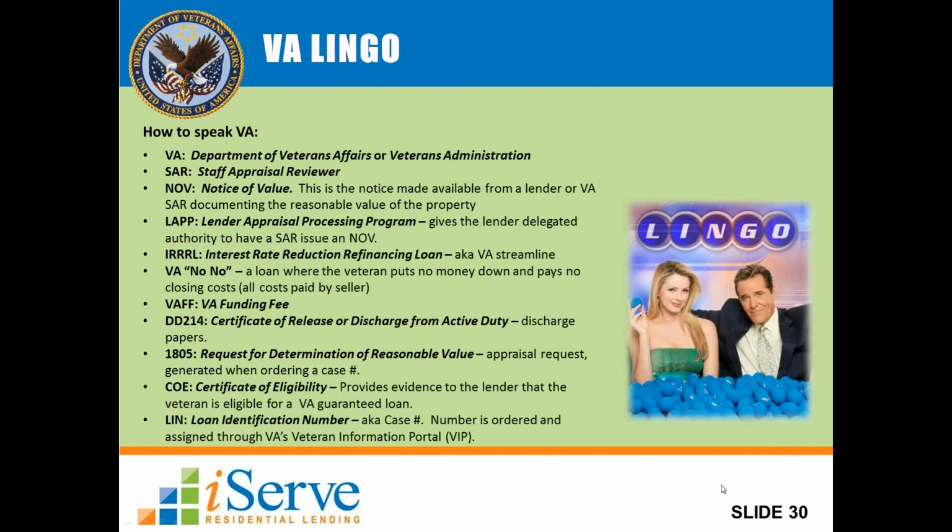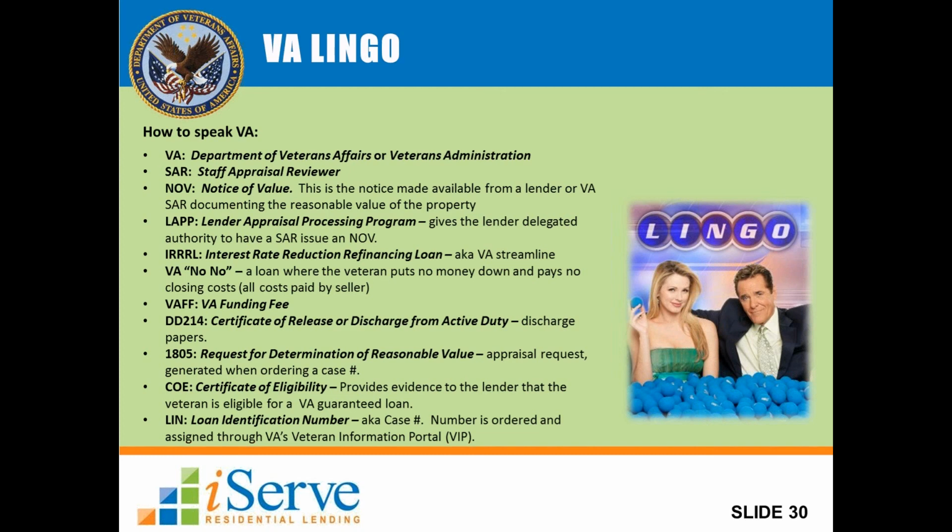All right, just to run over, you guys are probably experts on all the lingo now, but I just included a few definitions here that you can refer back to at a later time. Yeah, we talked about VA. We didn't really talk about SAR, or Staff Appraisal Reviewer. And that's basically the underwriter for a LAP.